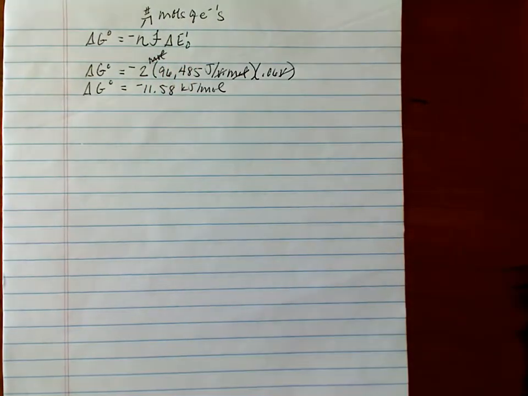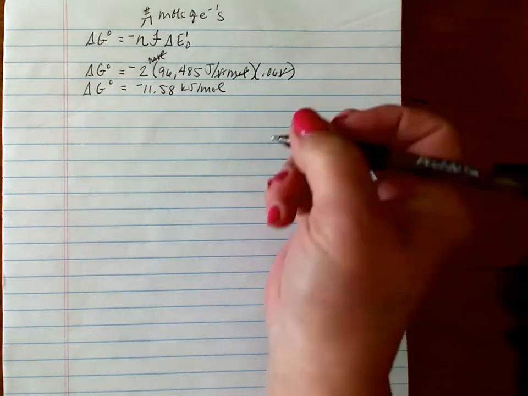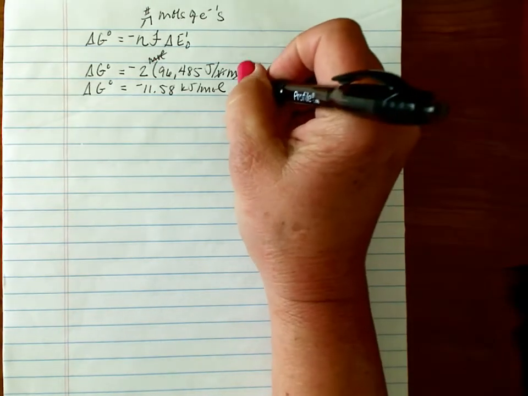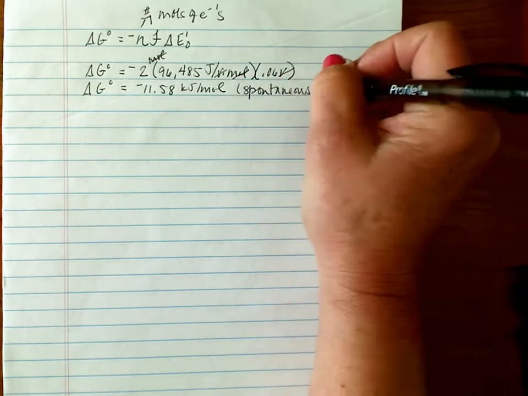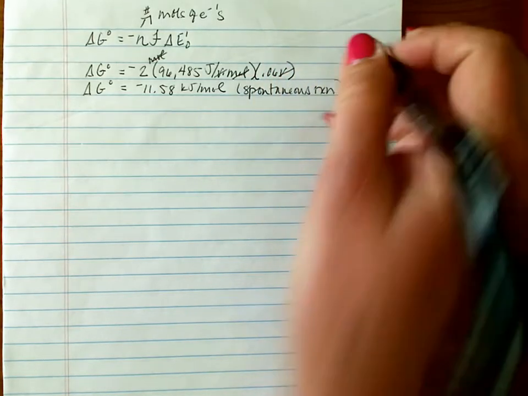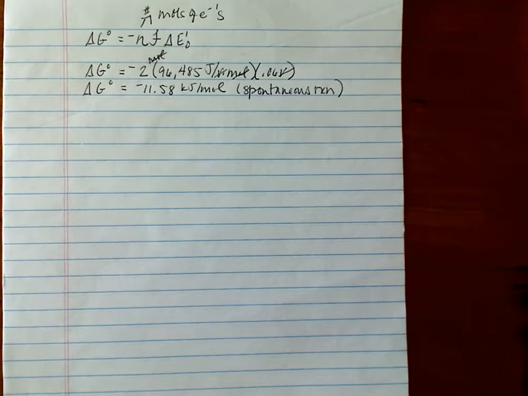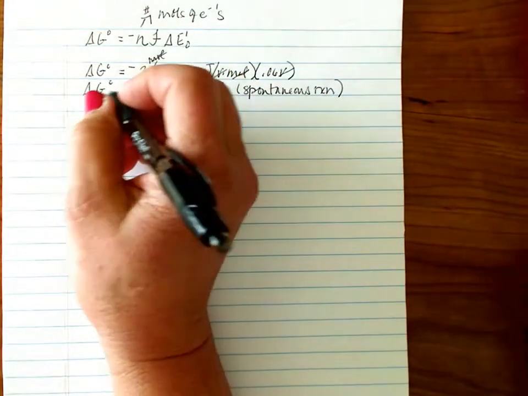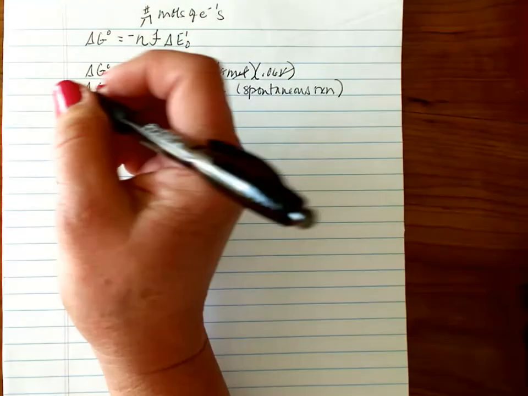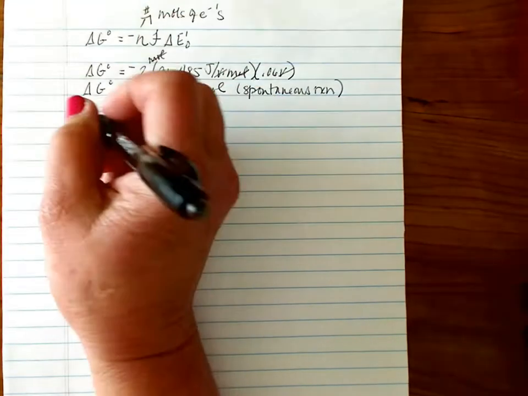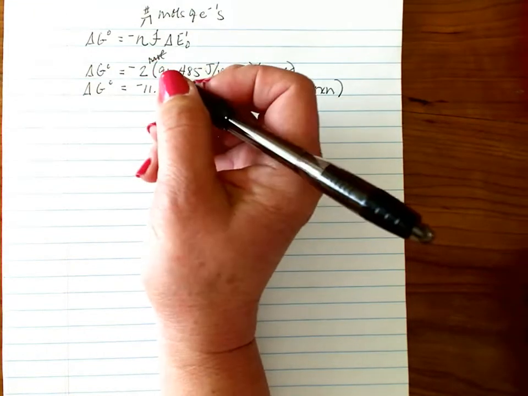Now remember, when delta G is negative, that is also indicative of a spontaneous reaction. If delta G is positive, it is non-spontaneous.